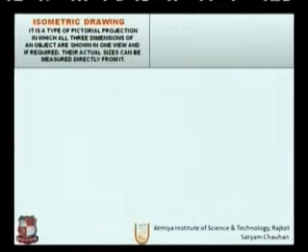Isometric drawing is basically a typical pictorial projection in which 3 dimensions of an object are shown in one view, and if required the actual size can be measured directly from it. So it is a representation of a 3-dimension object.